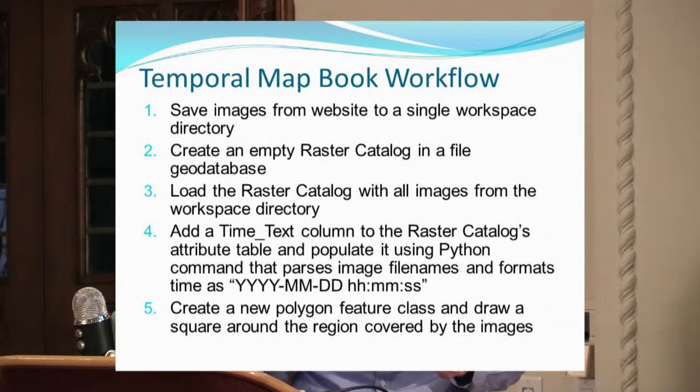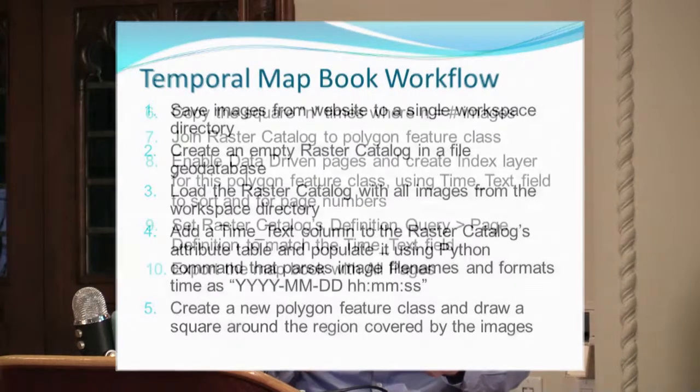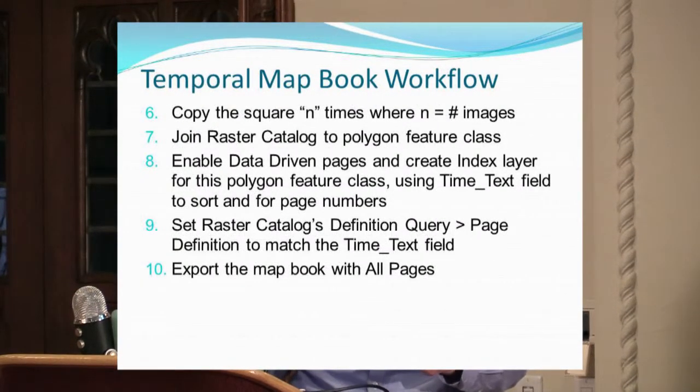But I wanted to create a map book over one region going through different time periods. So to do that, I put all the images in a raster catalog, added date time field values to its attribute table, and then used these values with ArcMap's data-driven pages to create a map book.